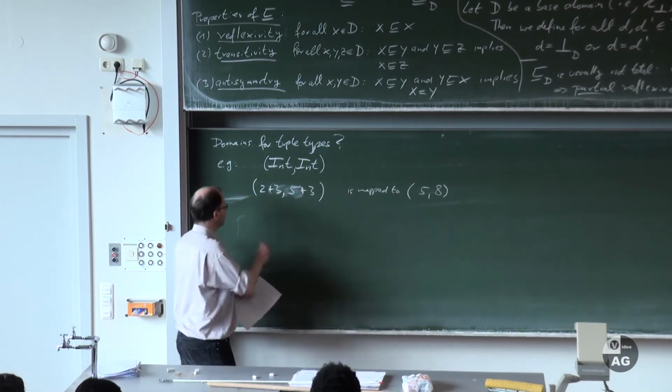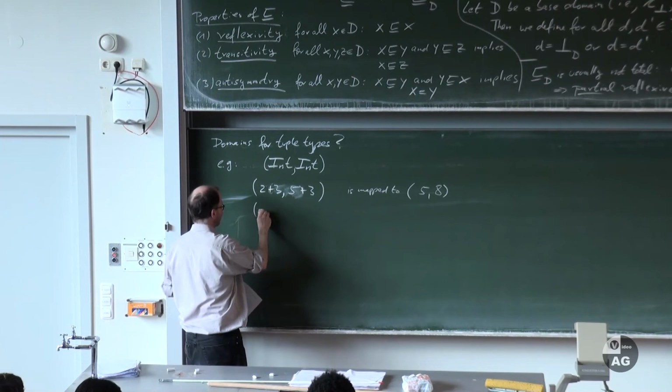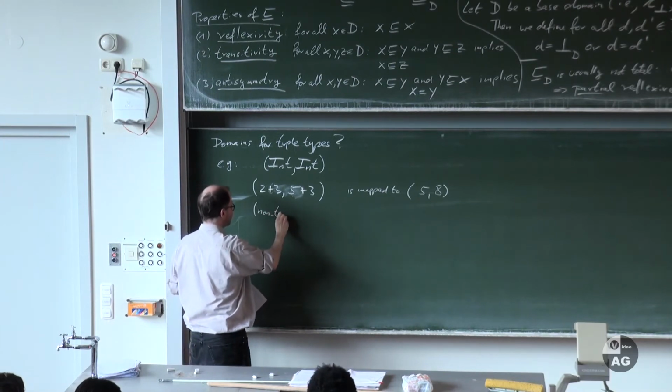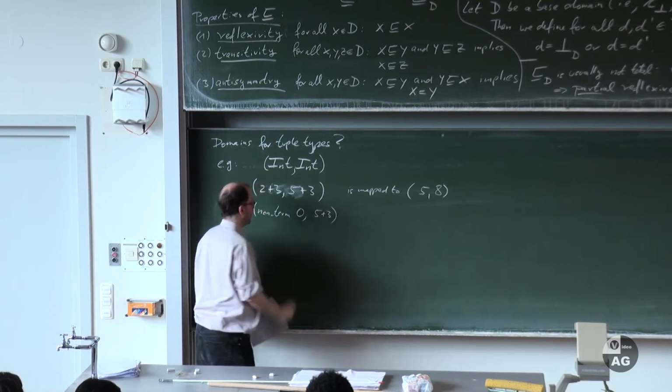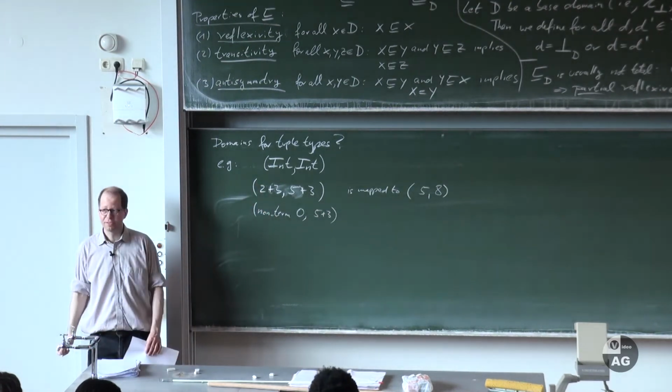So the domain for this type should contain pairs of numbers. Okay, but it can get more complicated. We might also have non-term 0 and 5 plus 3. And to what should we map this?